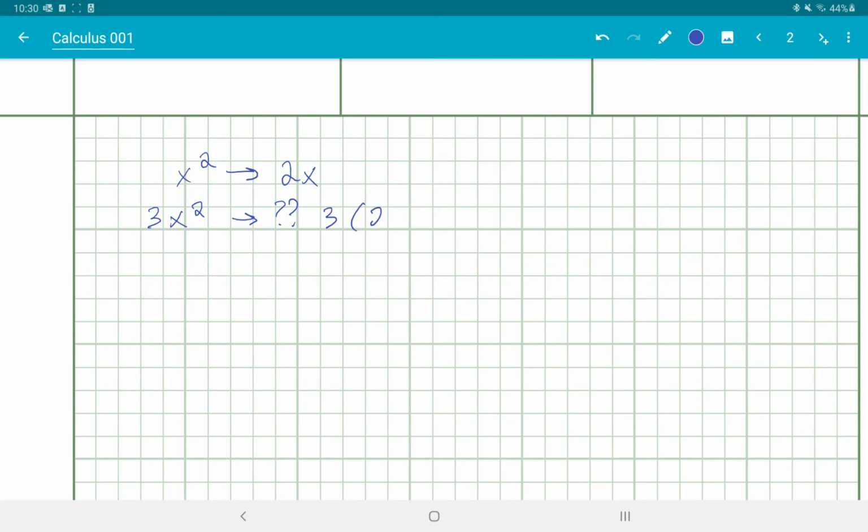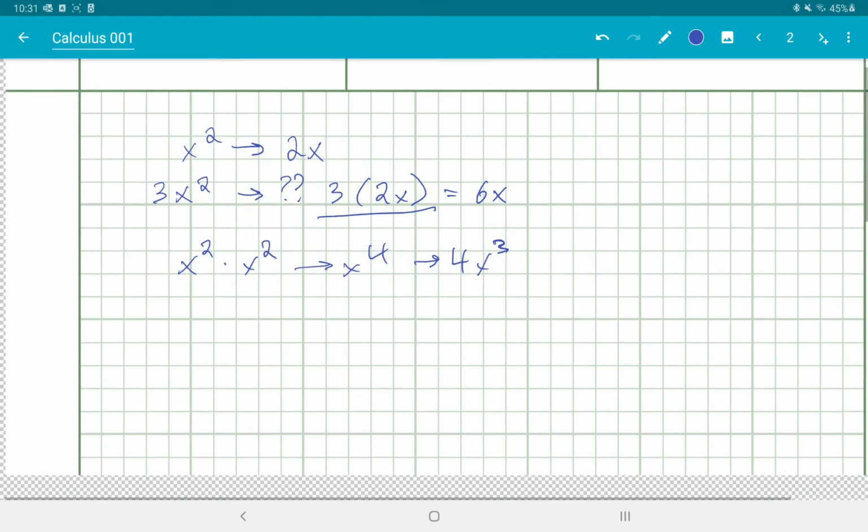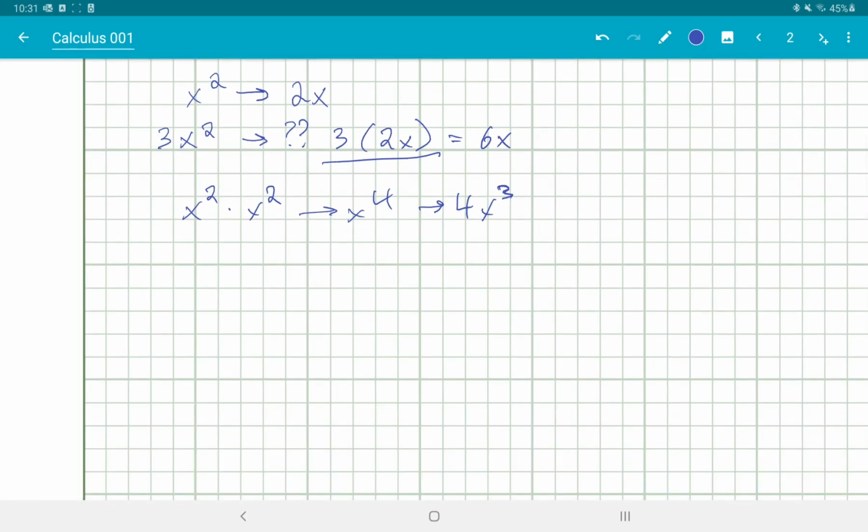It becomes 3 times 2x, which of course is 6x. So that scales like that. Let's say you had x squared times x squared. Now you could just make this x to the 4th, and that becomes 4x cubed.